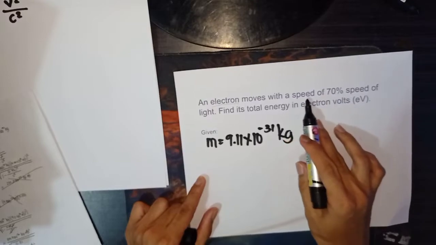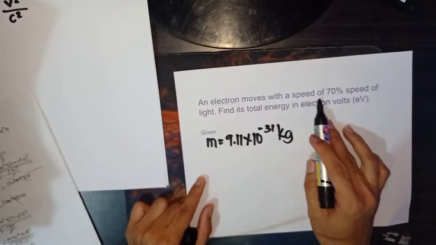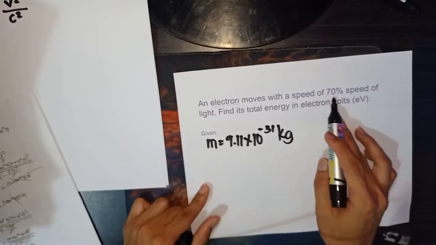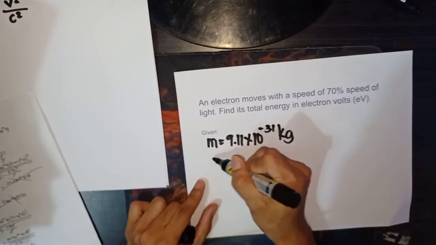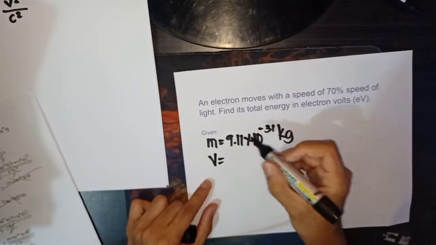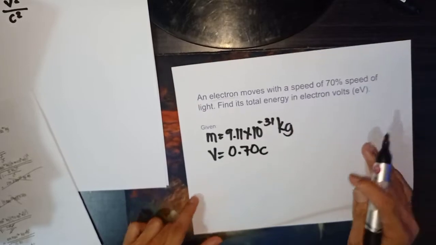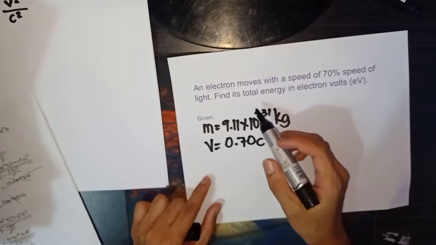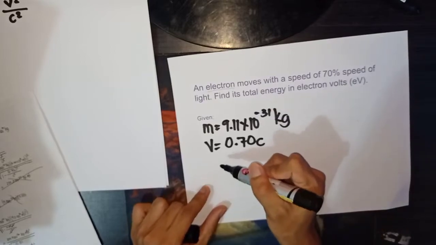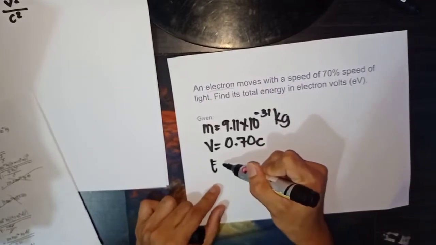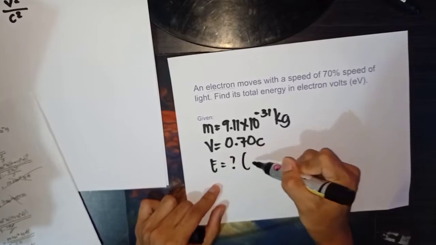The speed is v equals 0.70c, or 70% the speed of light. And we're going to find its total energy in electron volts.